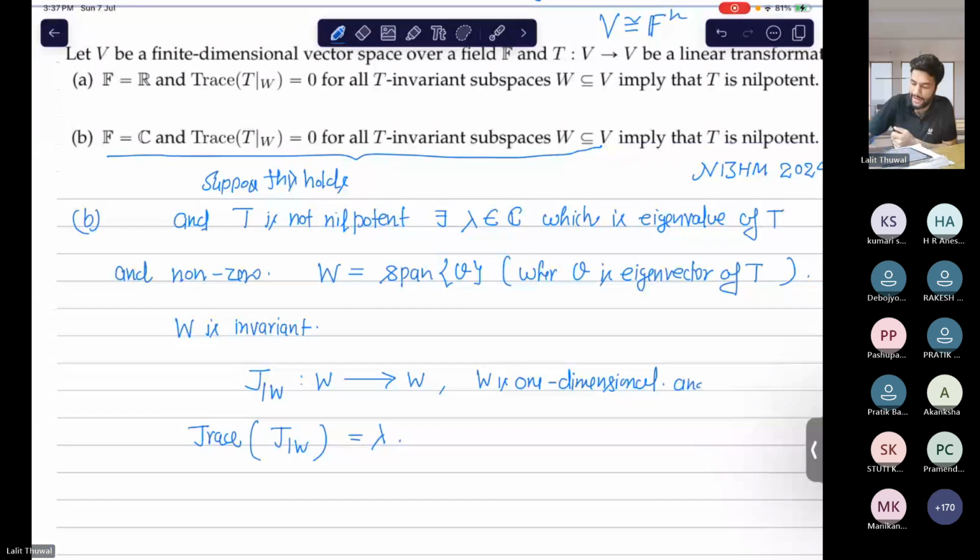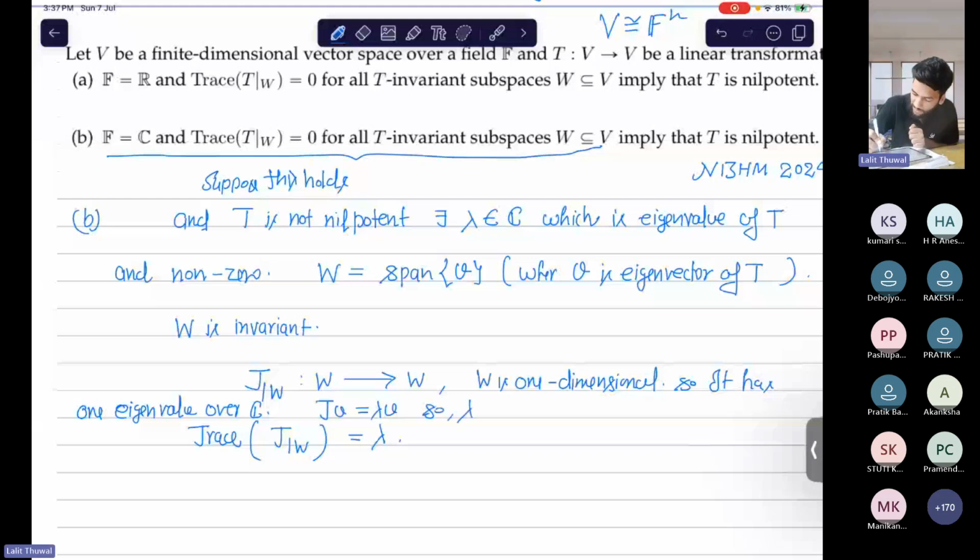And so it has one eigenvalue over C, because C is algebraically closed, so every operator has an eigenvalue. Tv is equal to lambda v.